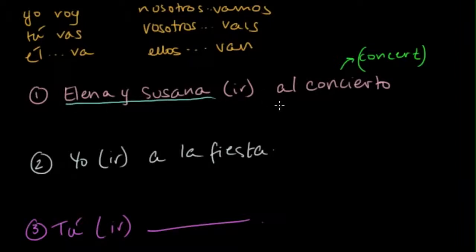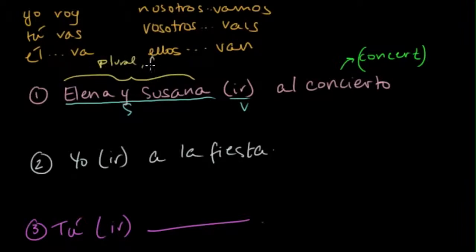So in our first sentence, we identify our subject as Elena y Susana. Our verb, as always in this video, is ir, so subject verb. And these 2 ladies are going al concierto, to the concert. So, which subject pronoun will be used to replace Elena y Susana?